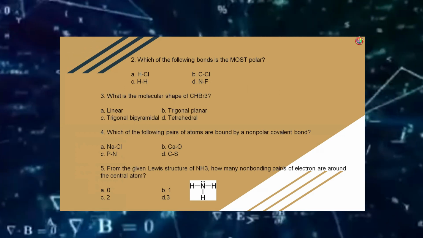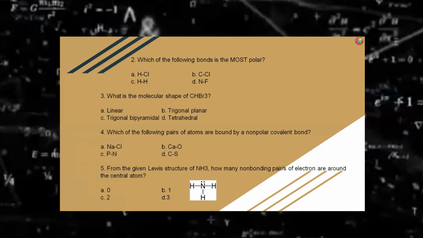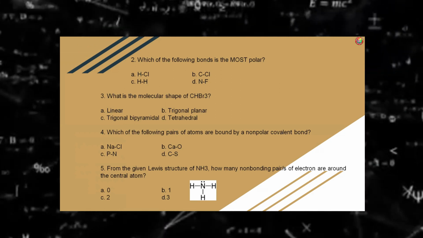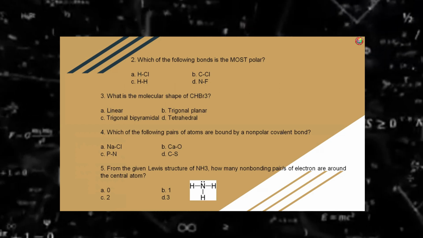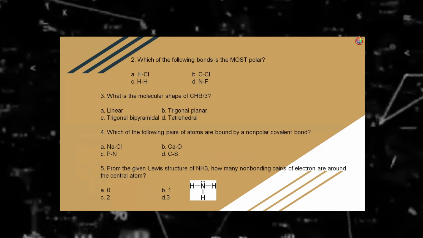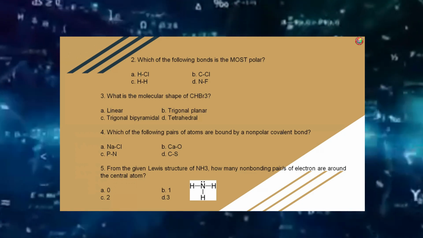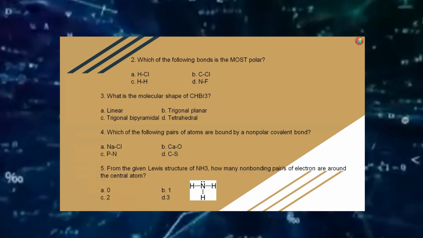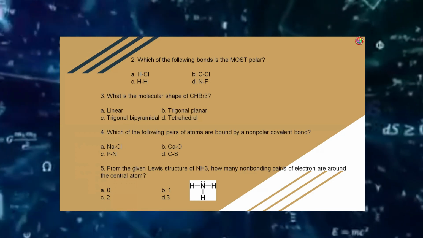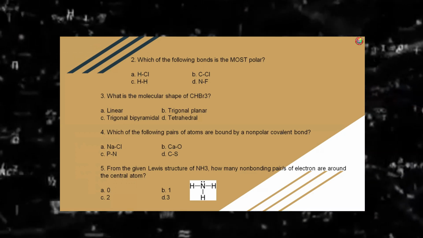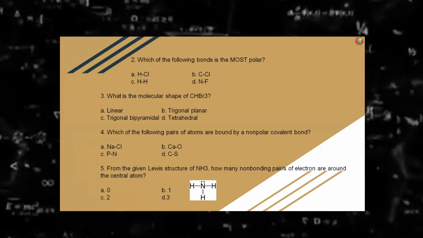3. What is the molecular shape of CHF3? A. Linear, B. Trigonal planar, C. Trigonal bipyramidal, and D. Tetrahedral. Number 4. Which of the following pairs of atoms are bound by a nonpolar covalent bond?